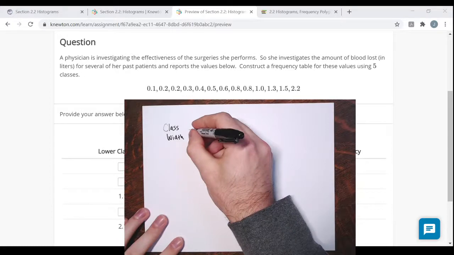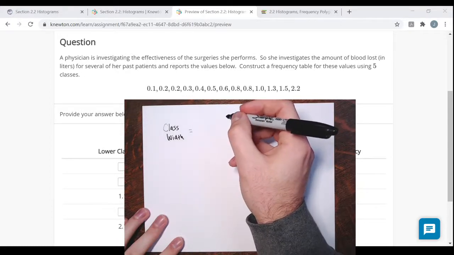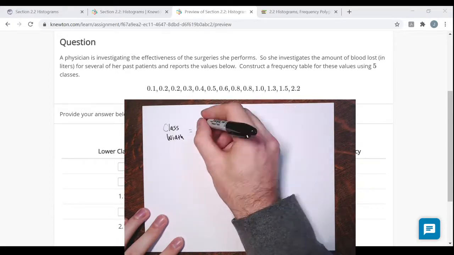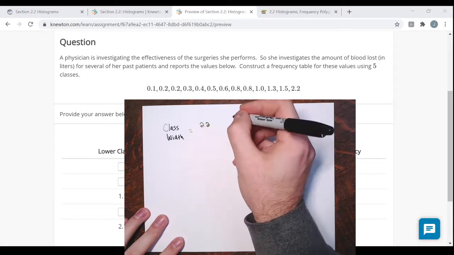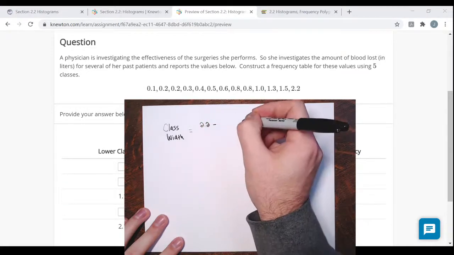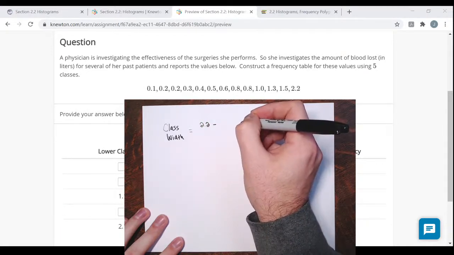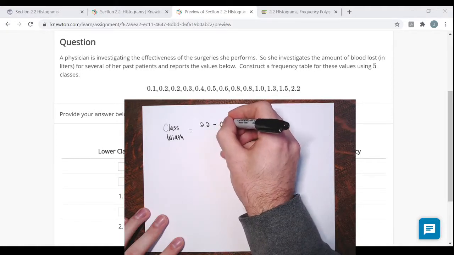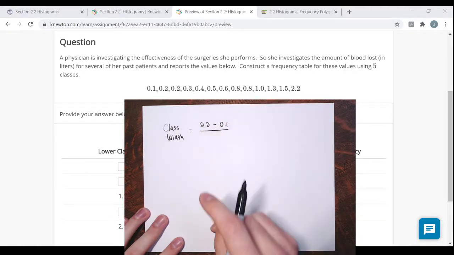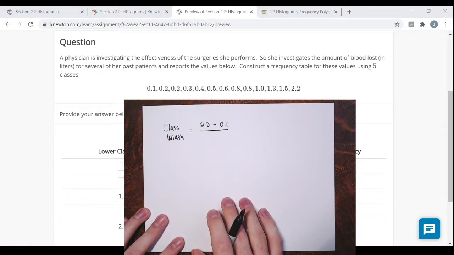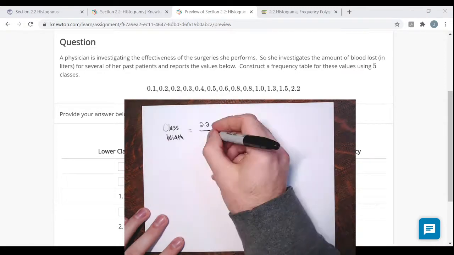Again, that's the largest value in the data set, which they've given me as 2.2 liters of blood, minus the smallest value in the data set, 0.1 liters of blood. And we're going to be dividing this by 5, the number of classes this time.